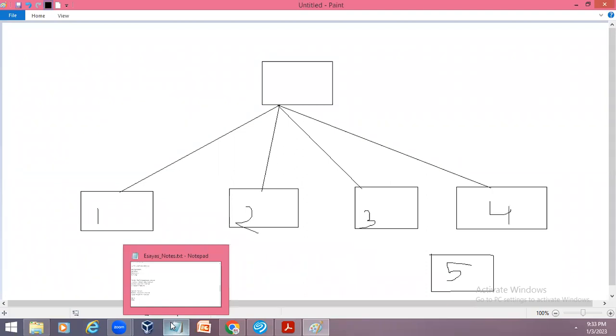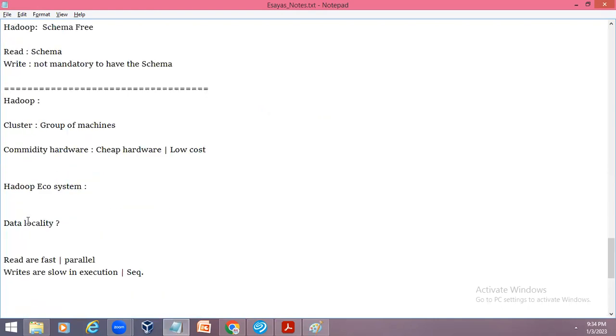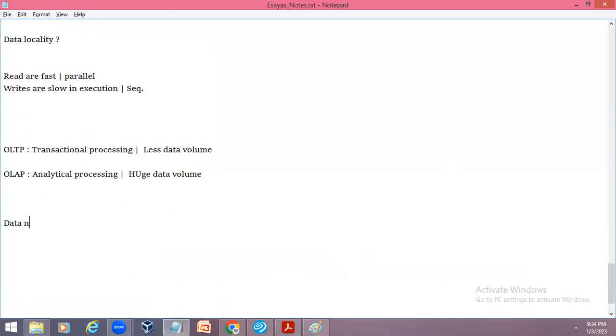But in Hadoop, if I want to add data node 5, I take the cluster into safe mode, then simply provide the IP address to the master node.